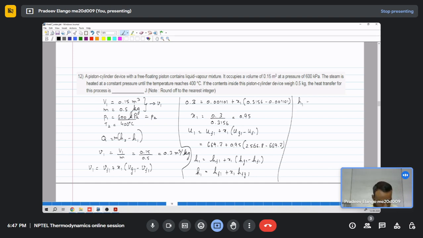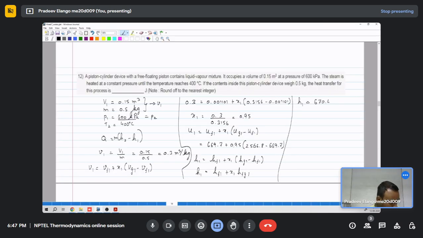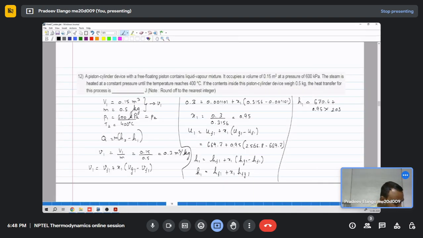So H1 is 670.4 plus 0.95 into 2085.7. That is 2651.815 kilojoule per kg.